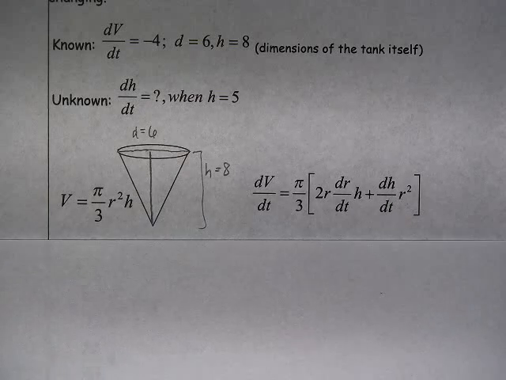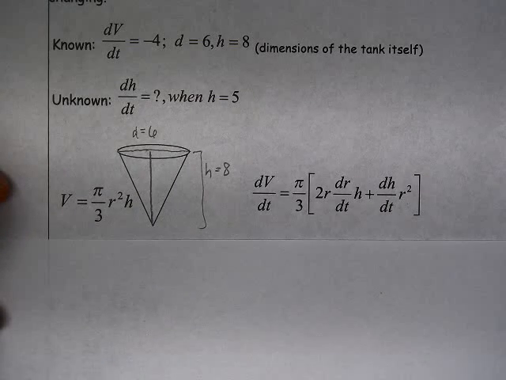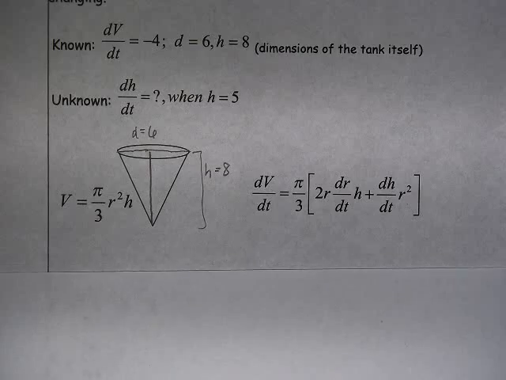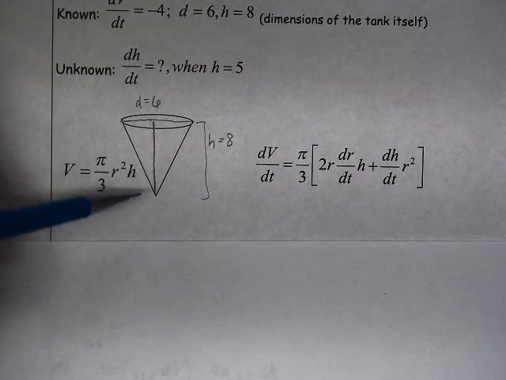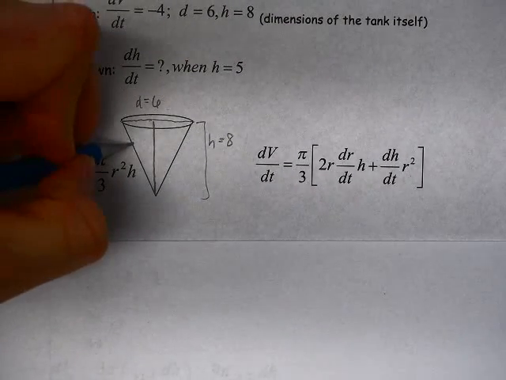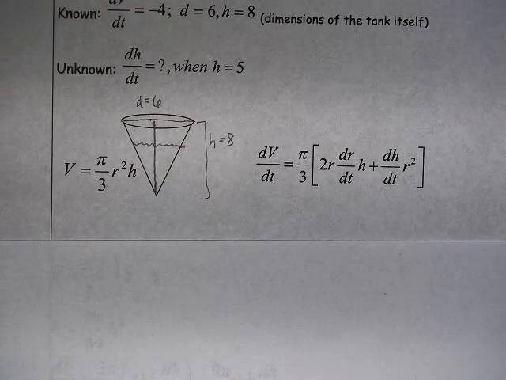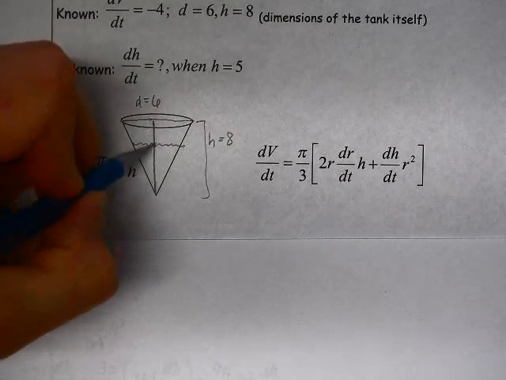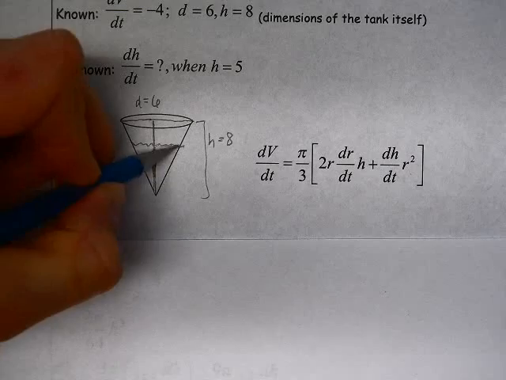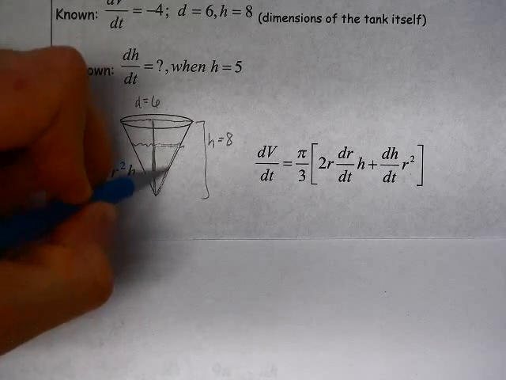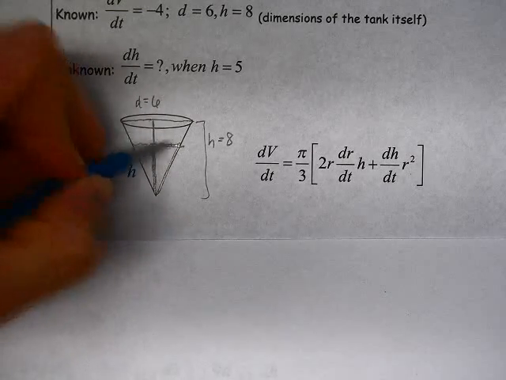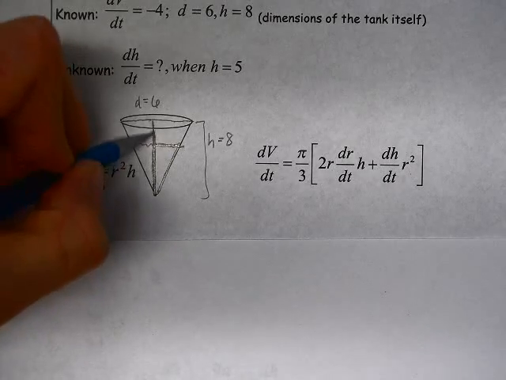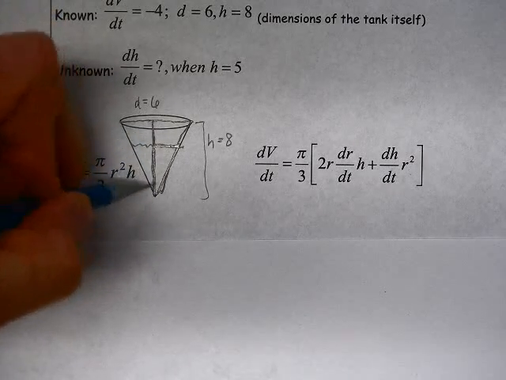But I'm going to suggest a different way of approaching these problems, and here's what I'd like you to think about. Any water that fills this tank is going to take on a shape which will form a triangle that is similar to the triangle defined by the tank itself.